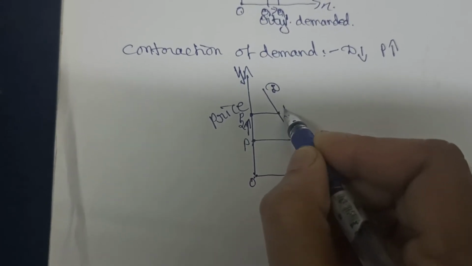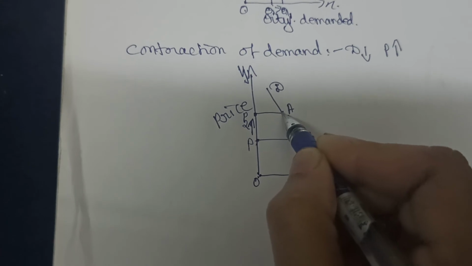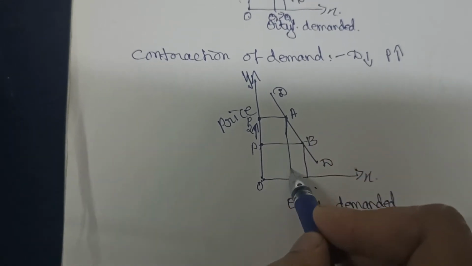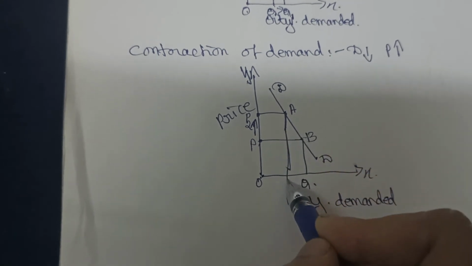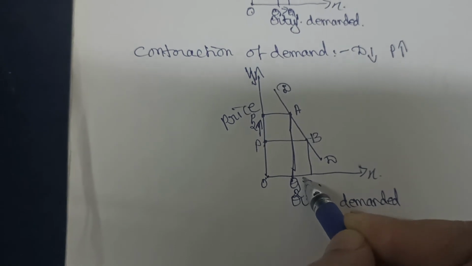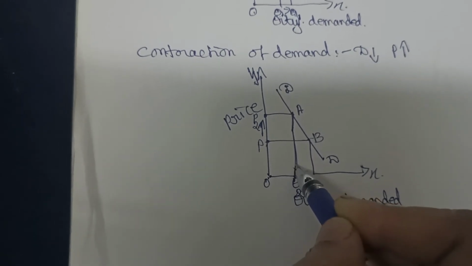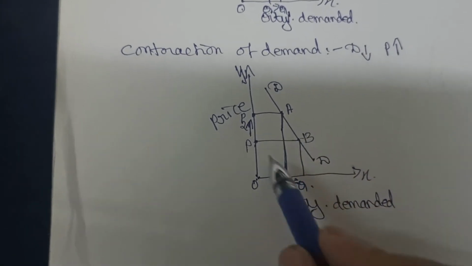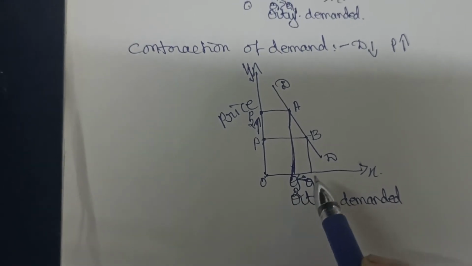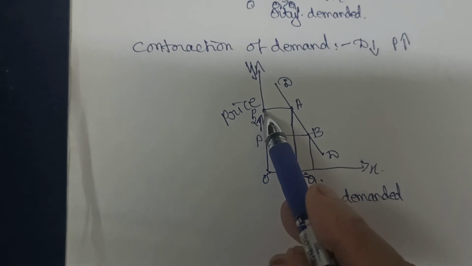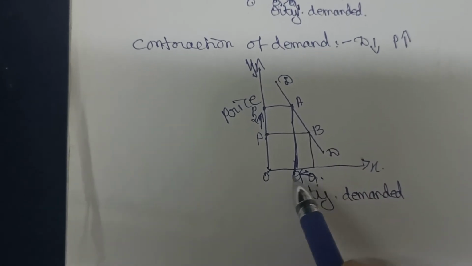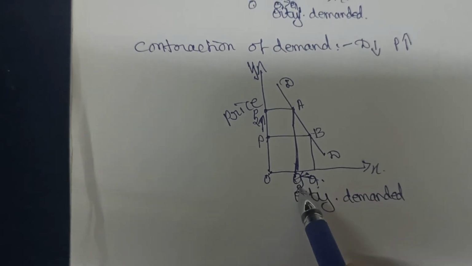This is A. Join it to the x-axis. You will get the quantity, Q2. There is a decrease in the quantity demanded from OQ to OQ2. So when the price is more, the demand is less. Earlier it was OQ and now it is OQ2.